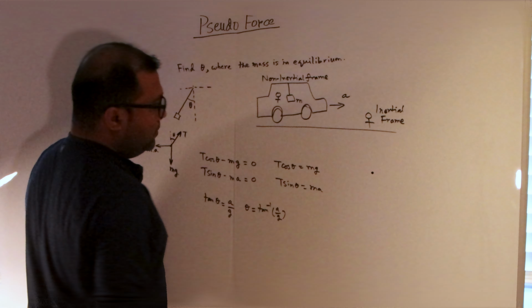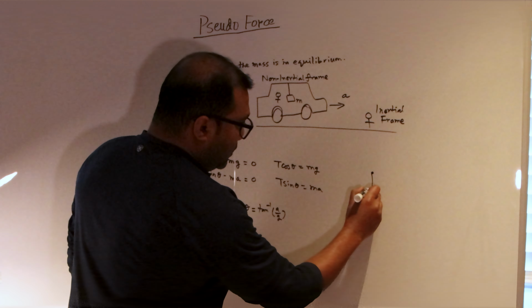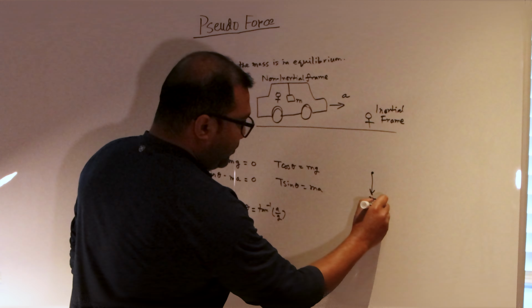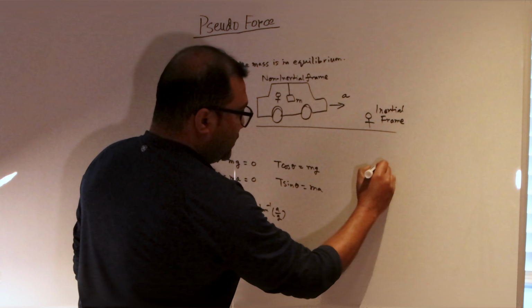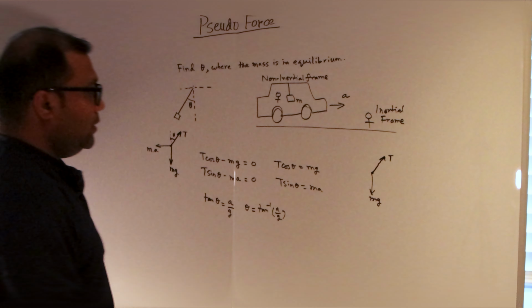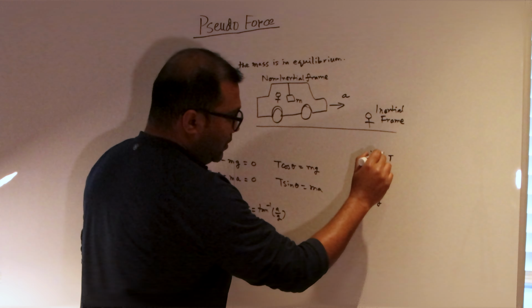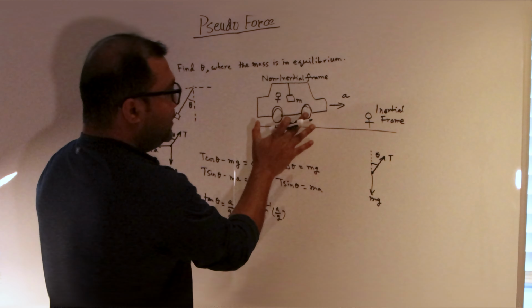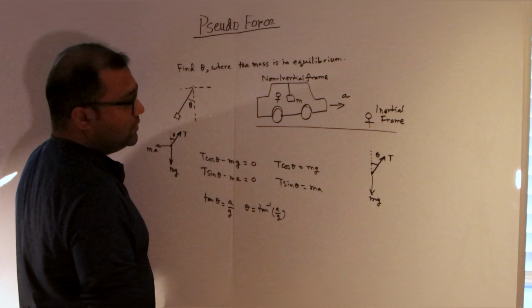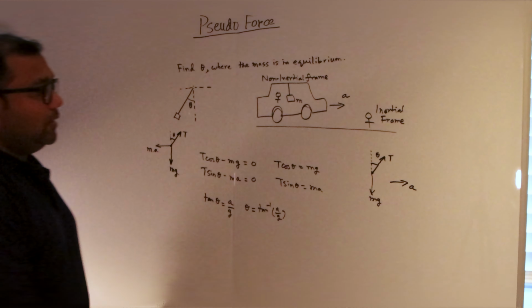Now for him, the free body diagram will be this: mg, there is tension in the string, and this makes an angle theta. But he can see that the entire thing is accelerating with acceleration a, so there is a net acceleration in this direction.